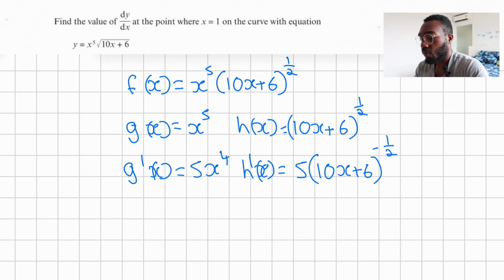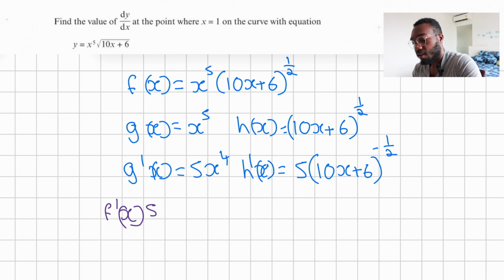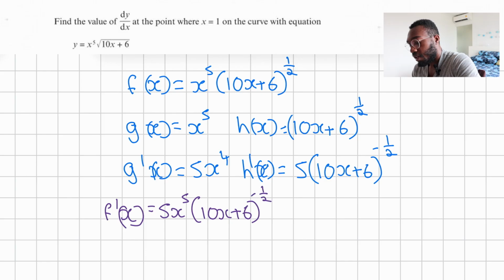Okay? And now all we need to do is write f dash x, which we know is g of x times h dash x. So that will be x to the power 5 times by that 5, and then 10x plus 6 to the power minus a half, which will give us 5x to the power 5 times (10x plus 6) to the power of minus a half, and that will be plus g dash x times h of x.